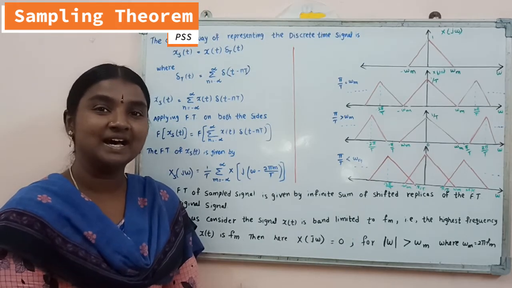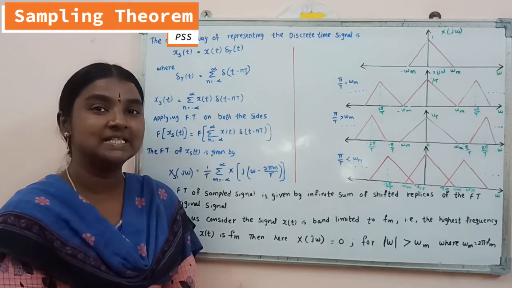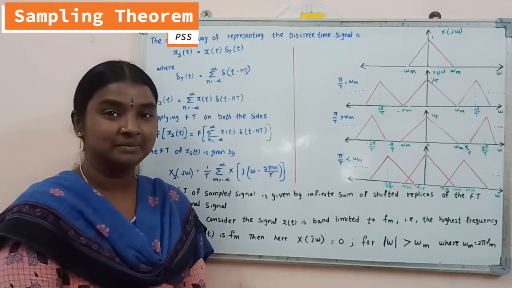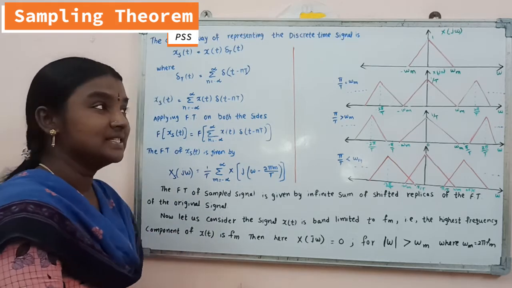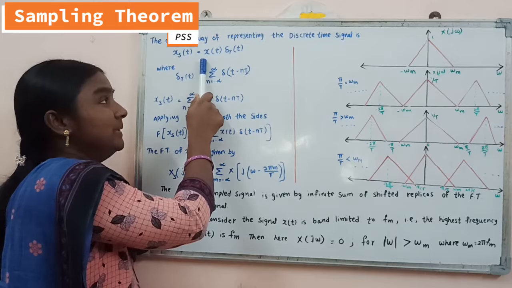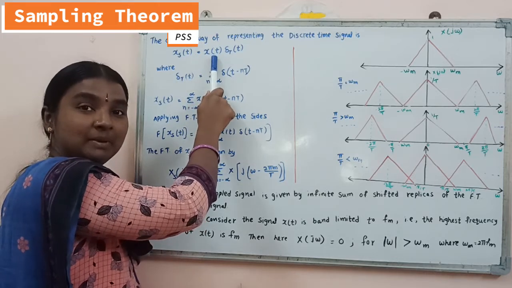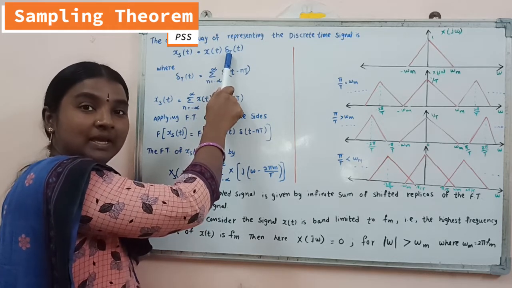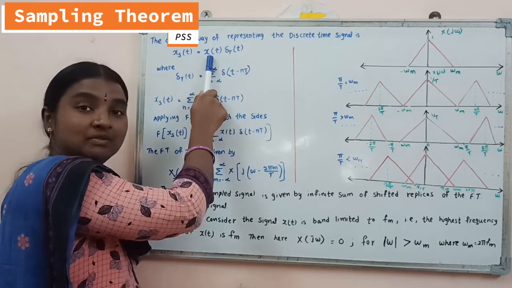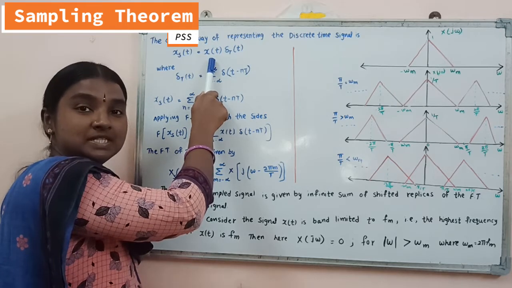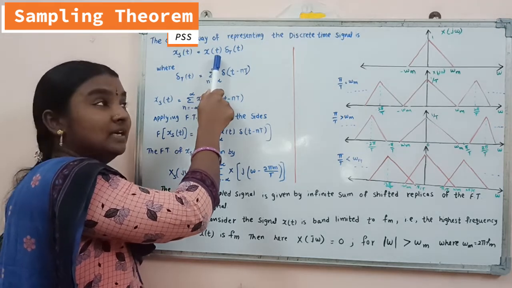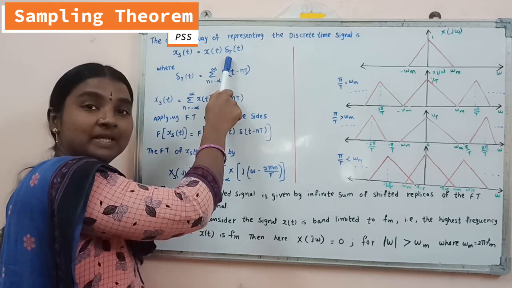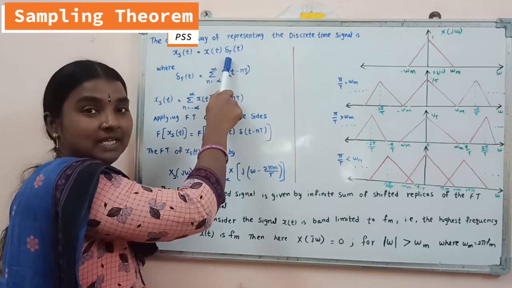Now we will see another way of representing the discrete time domain signal, nothing but the sampled signal xs of t, and it will be equal to x of t multiplied by delta T of t, where x of t is the continuous time domain sinusoidal signal and delta T of t is the periodic impulse train signal.